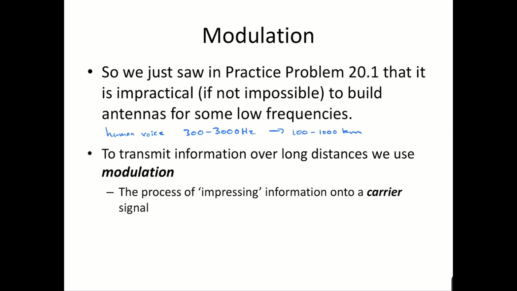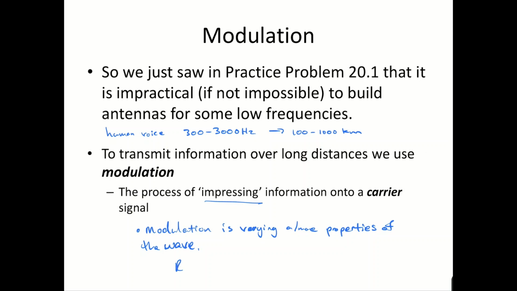So the concept of modulation is impressing information onto a carrier signal, and I want you to understand that modulation is varying one or more properties of that electromagnetic wave.